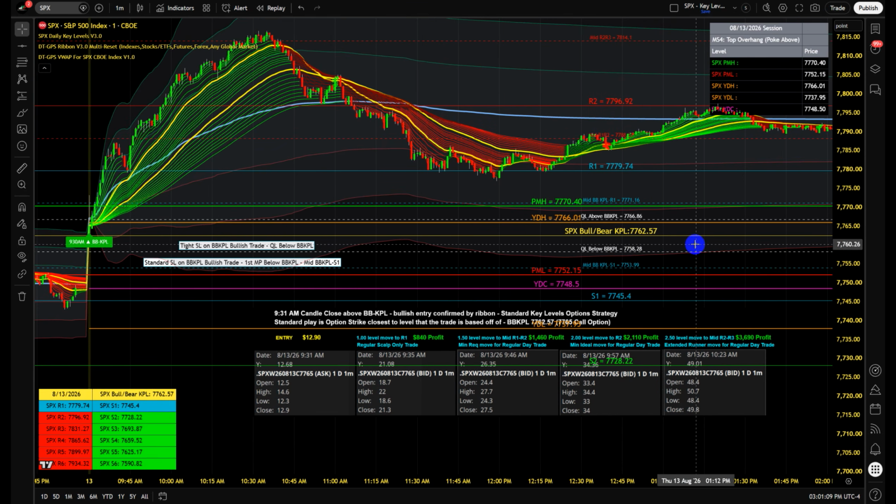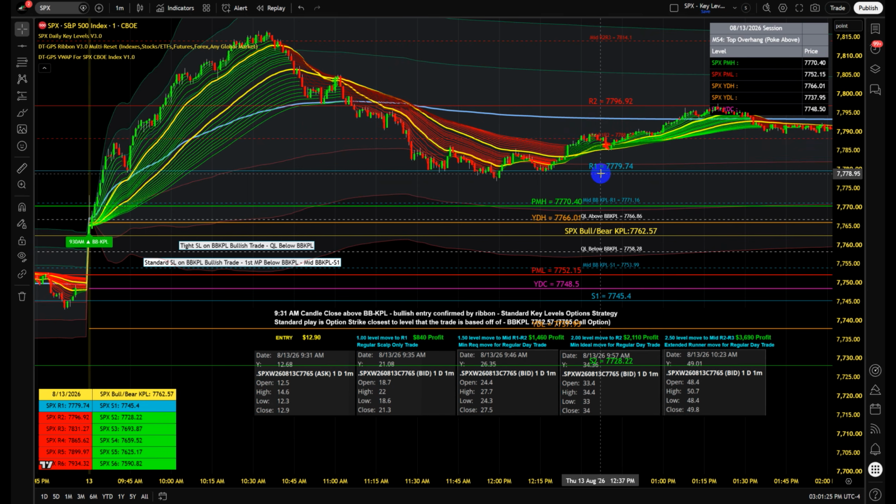Okay, so what happens at whichever level that you're going to choose as the initial target? There are three different options for either exit or adjustment at your initial target level.